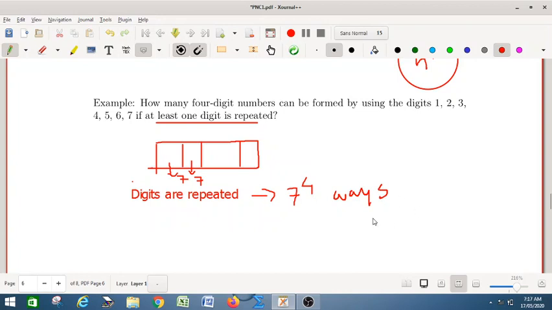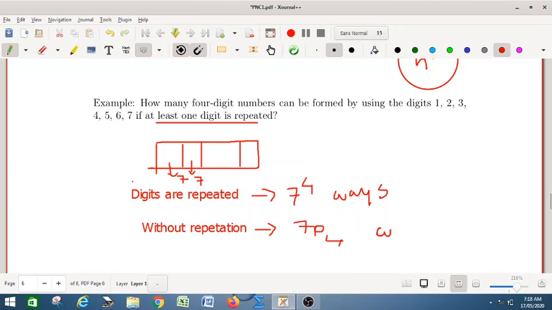Clear? If repetitions are not allowed, without repetition you have 7p4 ways, because for the first place you have 7 choices, for the second place you have 6 choices, for the third place you have 5 choices, and for the last place you have 4 choices.